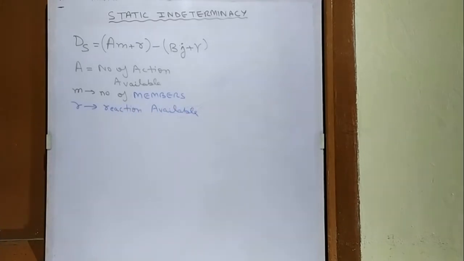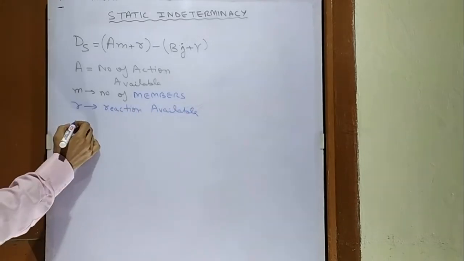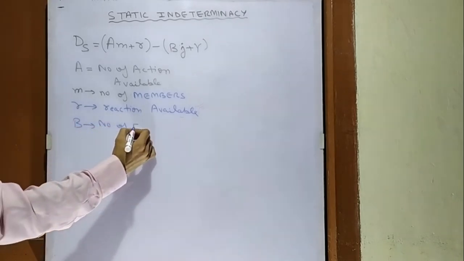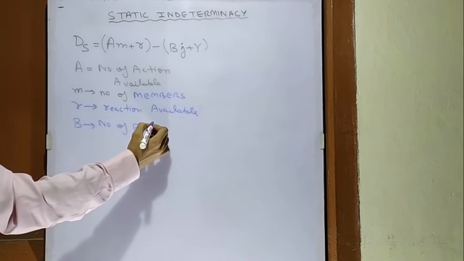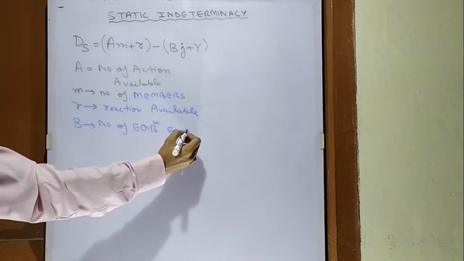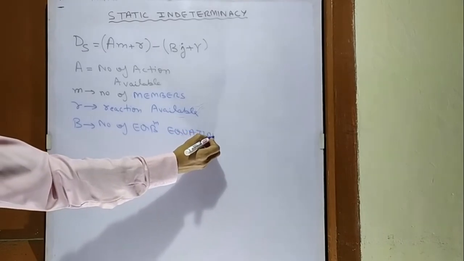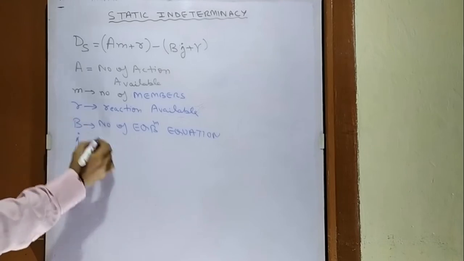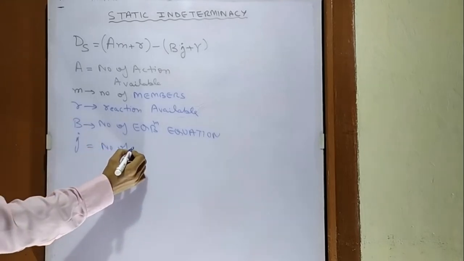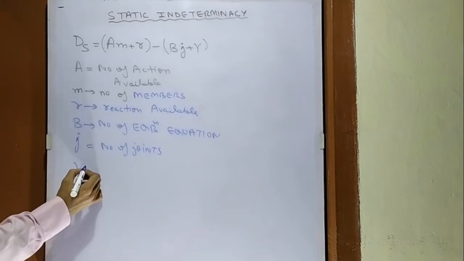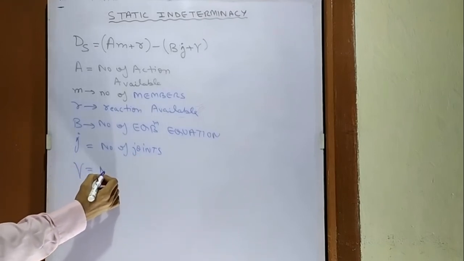And what is B? B is the number of equilibrium equations. And what is J? J is the number of joints. And what is gamma? Gamma is the number of releases.